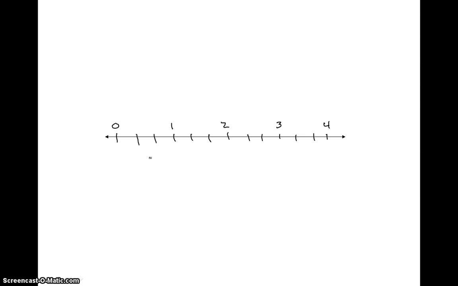Alright, so I'm going to continue on, but I'm just going to go ahead and recreate this. So if we have our line segment and we've partitioned each of those segments into 3 equal parts, then what we're saying is this length of the line segment is the same as maybe this length of the line segment, which is maybe the same as this length.